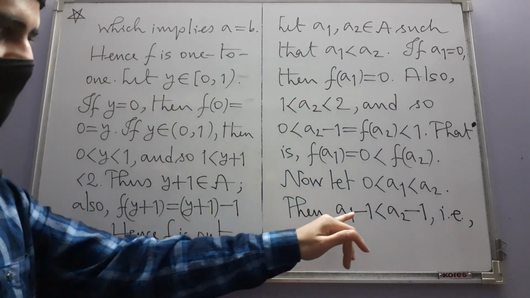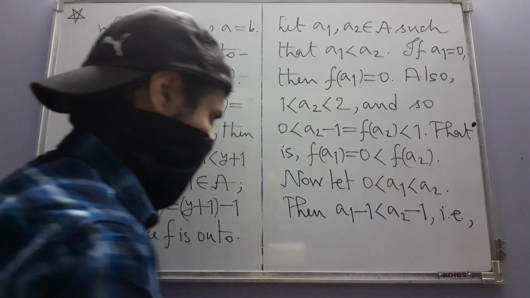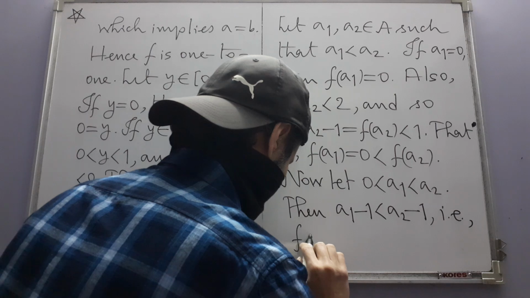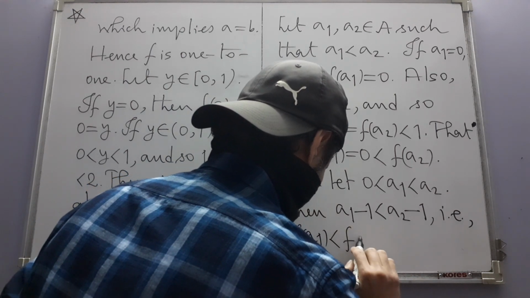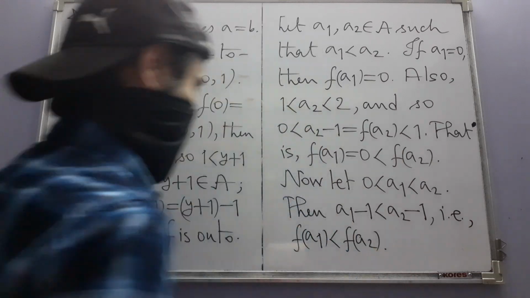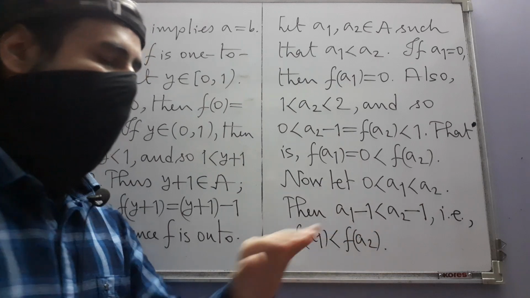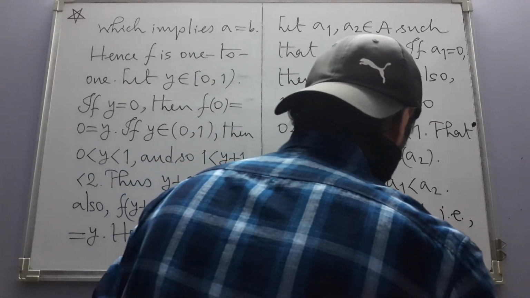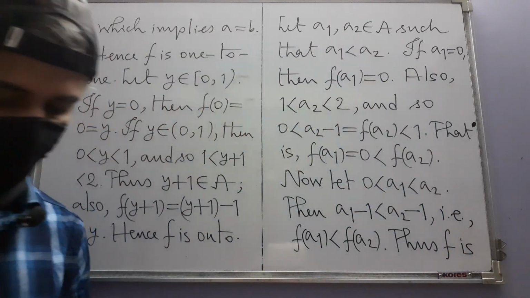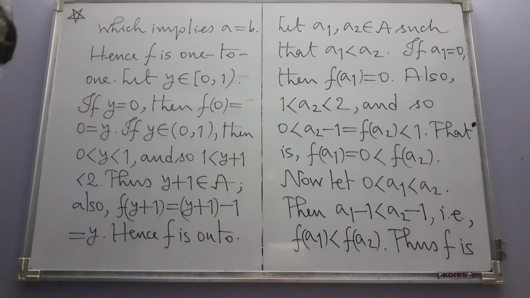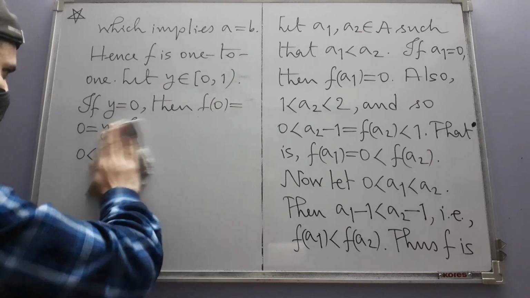But because A1 and A2 are now both different from 0, by our definition of the function f, A1 minus 1 is f of A1 and A2 minus 1 is f of A2. So in this other case also, f preserves order. Thus, f is order preserving. And that is why the two sets have the same order type.